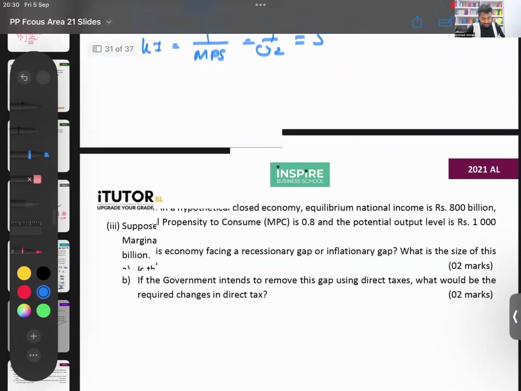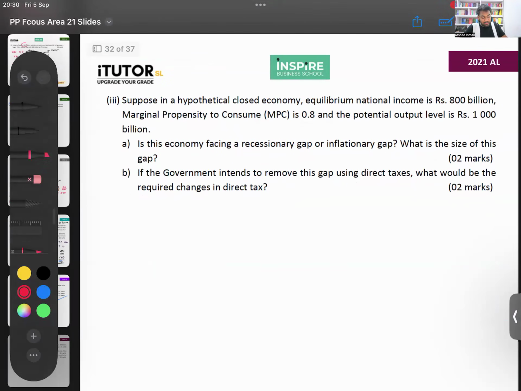Then 2021. Suppose a hypothetical economy equilibrium is 800. Oh, they have given the equilibrium. MPC is 0.8 and the potential output is 1,000. Easy. Your equilibrium level is 800. Your potential is full employment. Full employment level is 1,000.